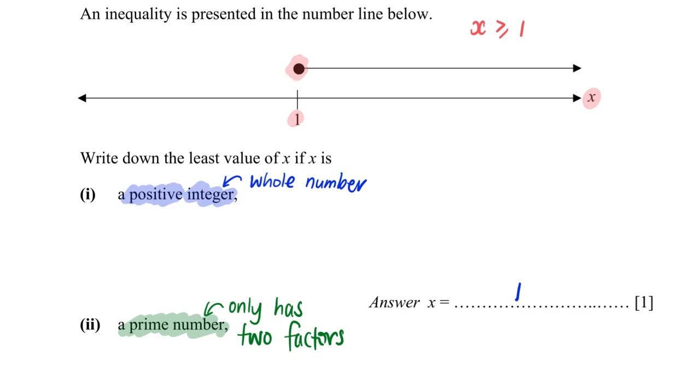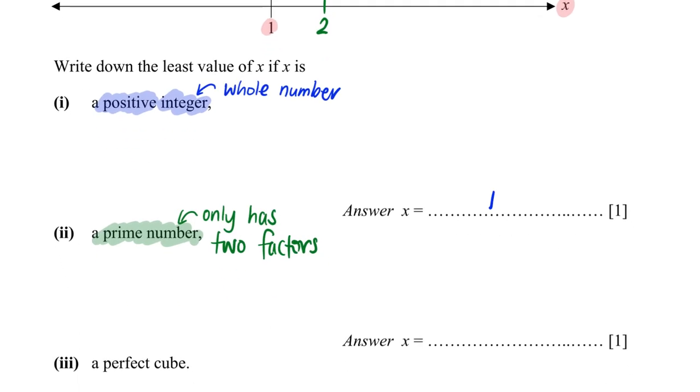So in this case, the next numbers will be 2, 3, 4, 5, 6, where 2 happens to be the smallest prime number because the only factors of 2 are 1 and 2. There's only 1 times 2, 2. Yeah? So in this case, x is 2.